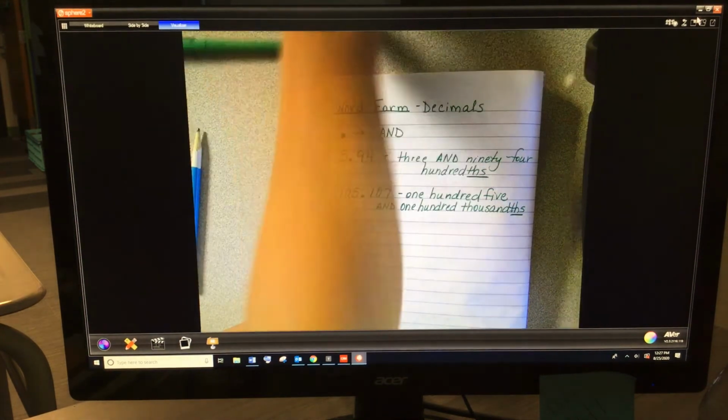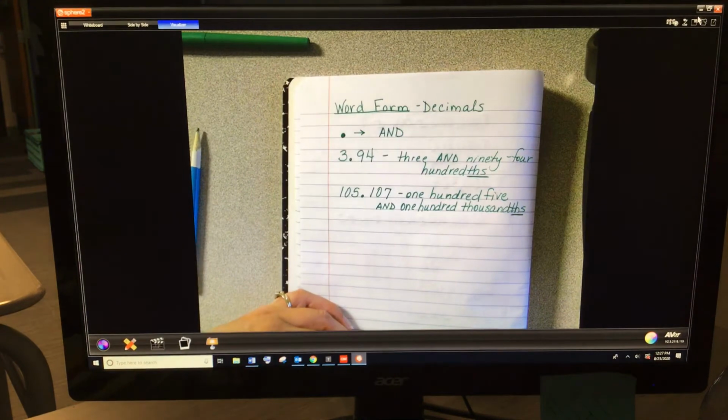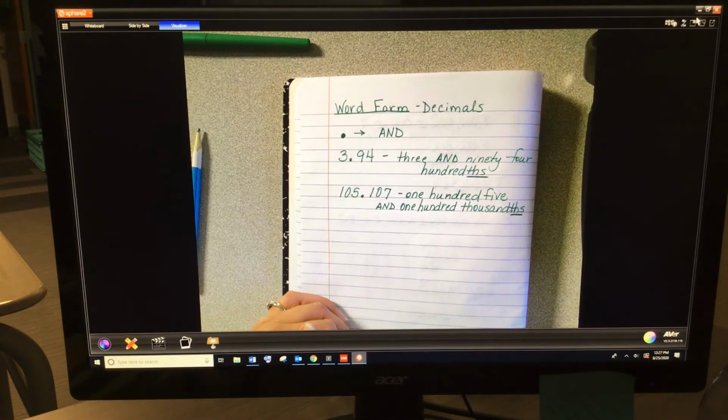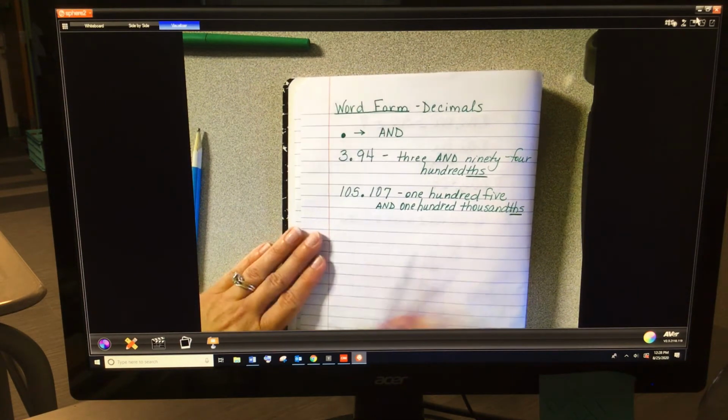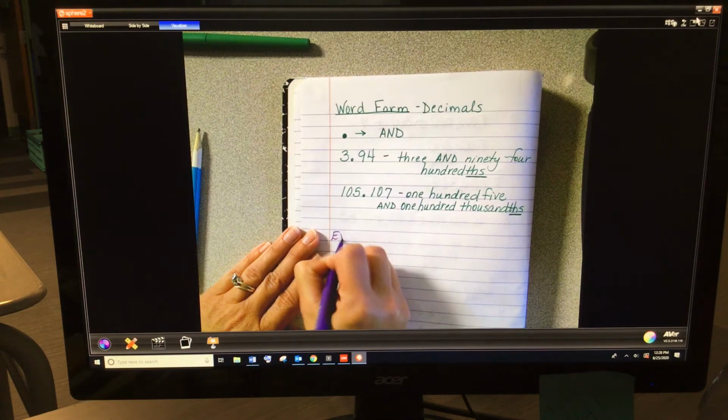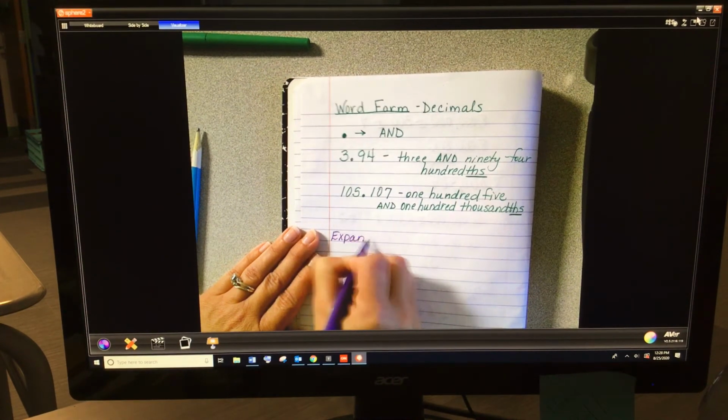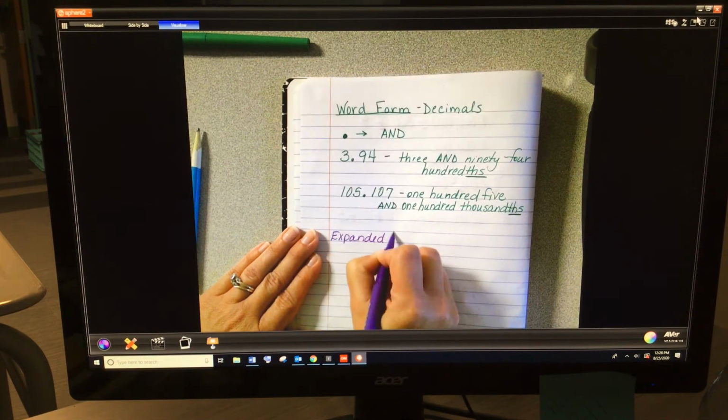Let's talk about expanded form. We're going to talk about expanded notation and expanded form. Expanded form is what you did in 4th grade. Now we're going to add a little bit to that in 5th grade with expanded notation. All right, so I'm going to write expanded form.